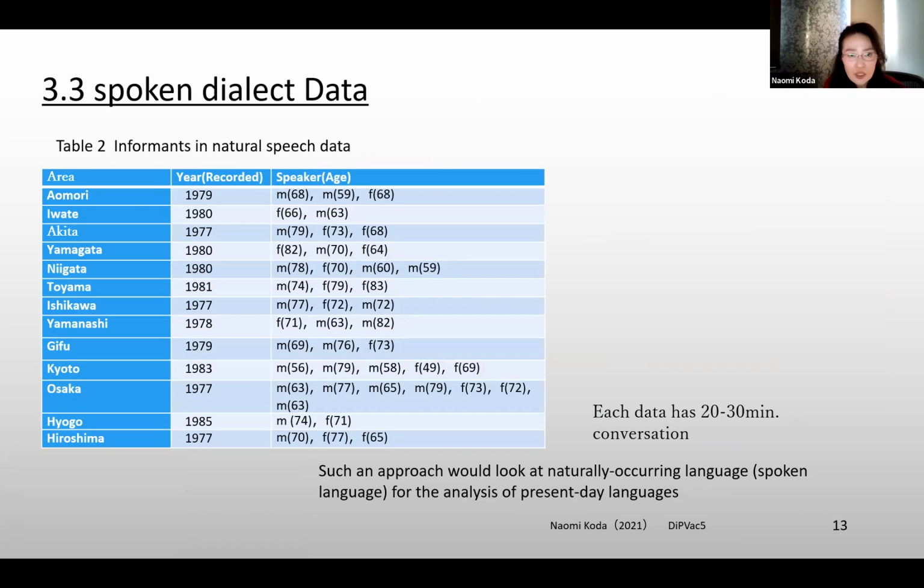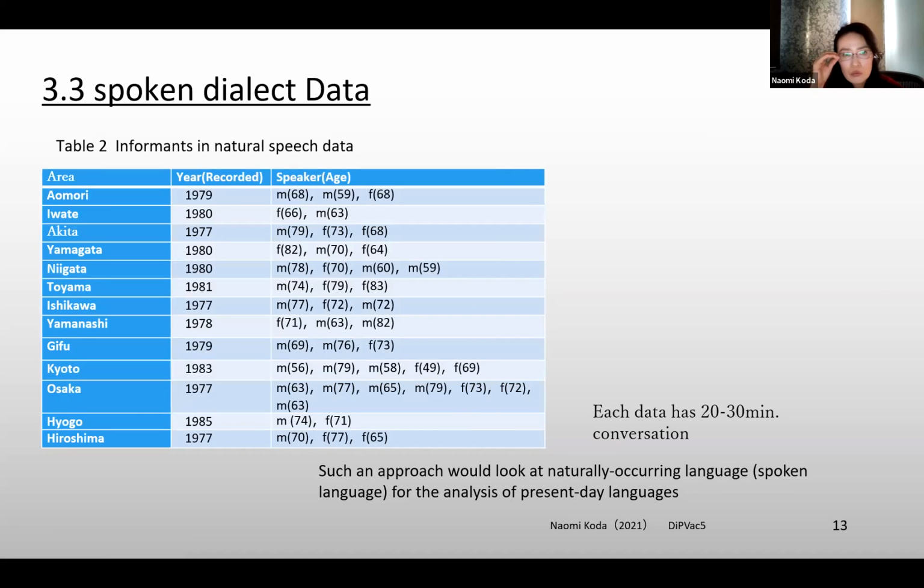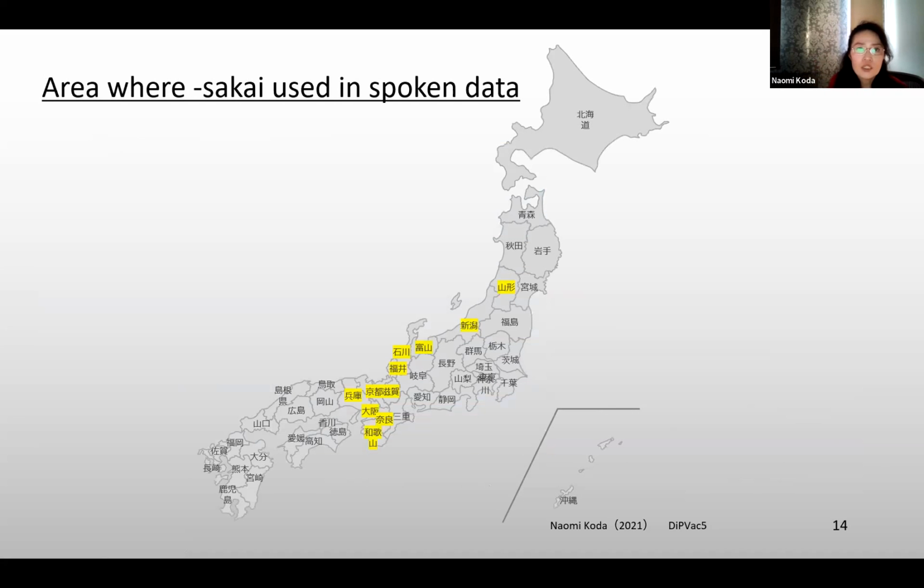This is spoken dialect data. Each data has 20 to 30 minutes of natural conversation in each area. This is the recorded year and speaker's age, male and female. In the spoken dialect data, we can find the Sakai variant in this highlighted area, including Osaka, Nara, Hyogo, Kyoto to Yamagata.